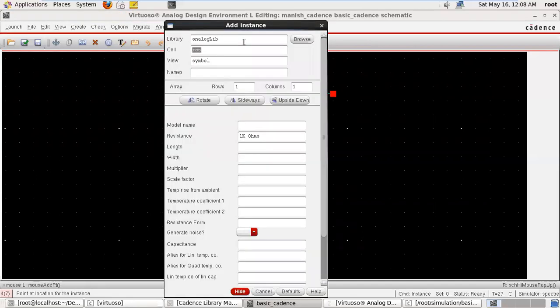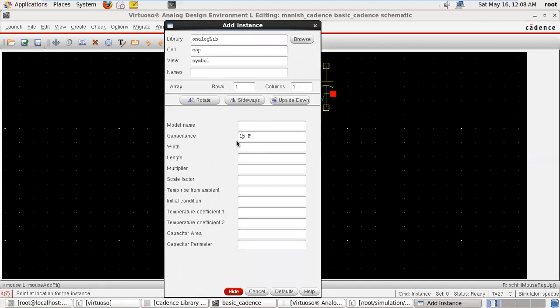Now we require the capacitance, because the low pass filter has a cutoff frequency of 1 upon RC. The resistance value is 1K, and we select a capacitance value of 1 microfarad. So my cutoff frequency is 1 upon RC, where R is 1K and C is 1U, so my cutoff frequency becomes 1 kilohertz.